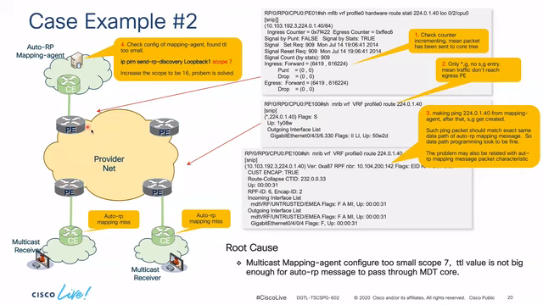Now we face a challenge: for this specific traffic S-G 224.0.1.40, the traffic rate is very slow, maybe 1 packet per minute. On the provider network, normally we have a lot of background traffic, so this counter is not easy to check with such a slow traffic rate.